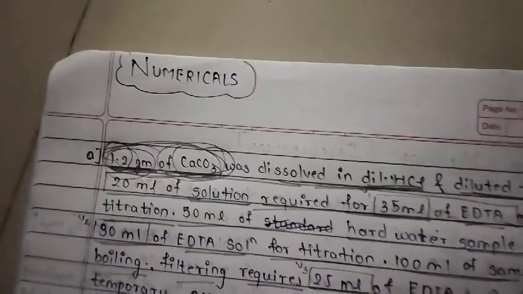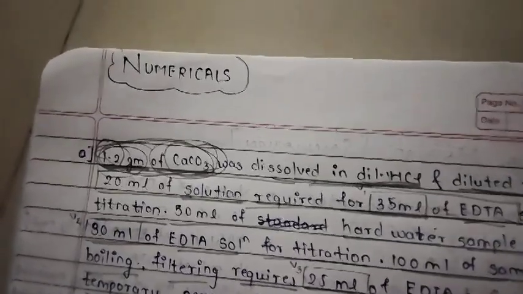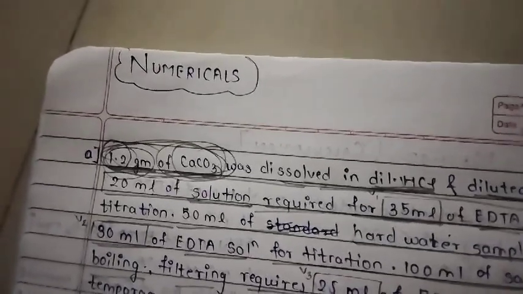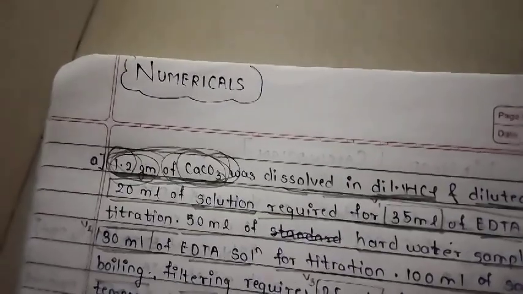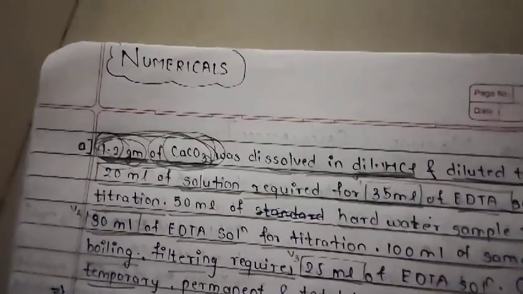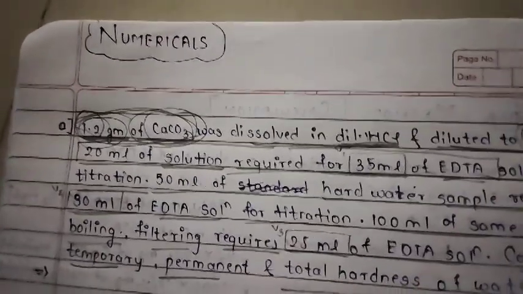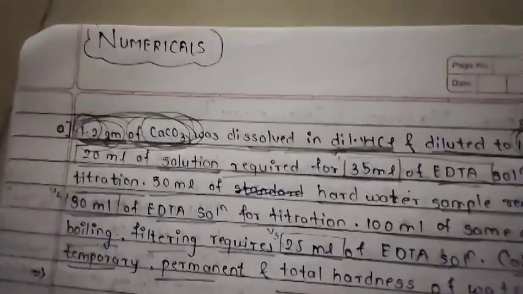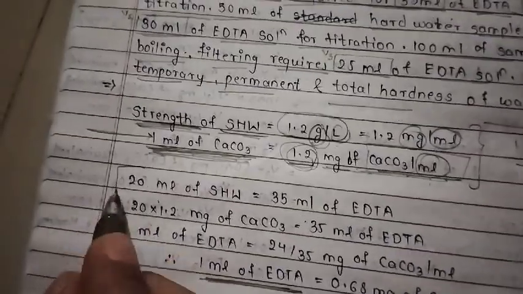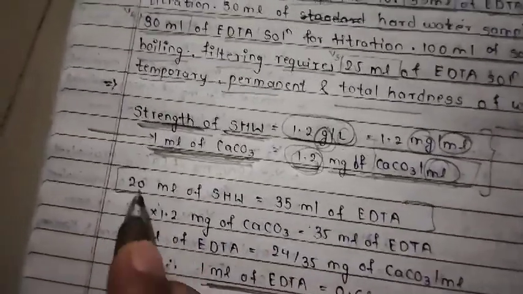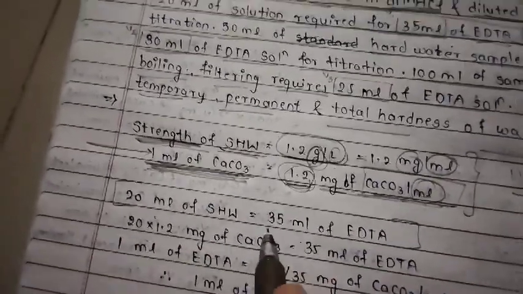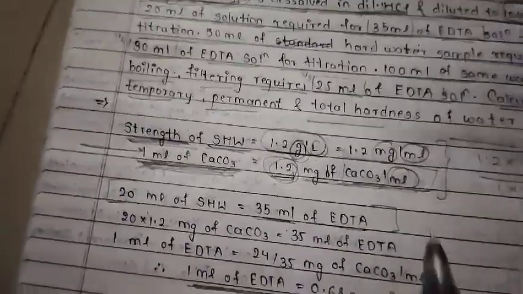It means from the 1 liter of standard hard water solution, we have to take only 20 ml, and that 20 ml of standard hard water solution requires 35 ml of EDTA. So we write it like this: 20 ml of standard hard water requires 35 ml of EDTA.